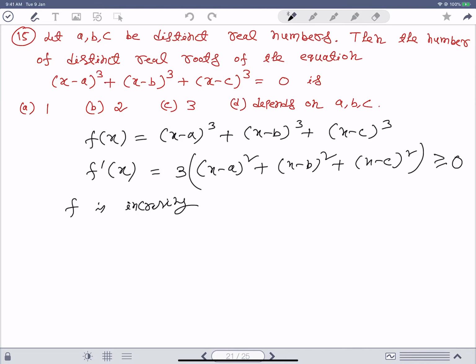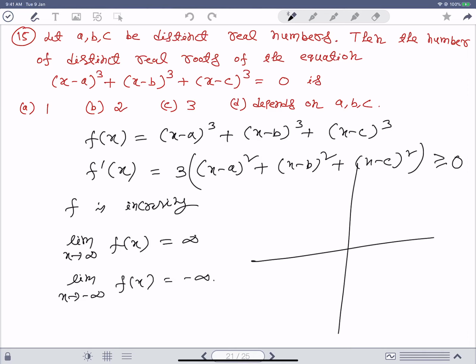Now again the first term is 3x cube, it is a positive term, so limit x tends to infinity f(x) is infinity, and limit x tends to minus infinity f(x) is minus infinity.